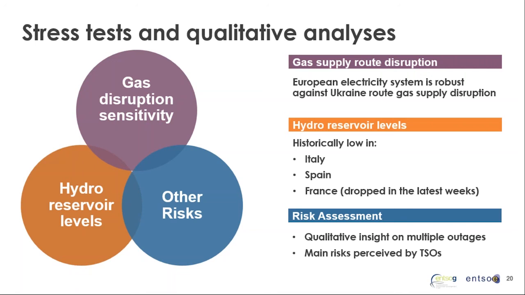It is a kind of qualitative input following the cold spell of last January. Also a qualitative input on possible outages of transmission with a typical example in Italy, where the transmission outage can impact the net transfer capacities between countries, so that it can impact at the end of the day the adequacy.